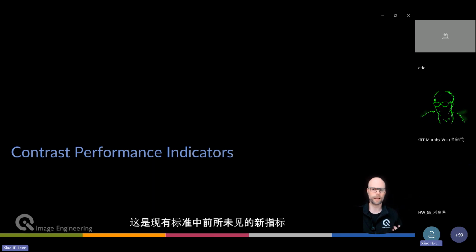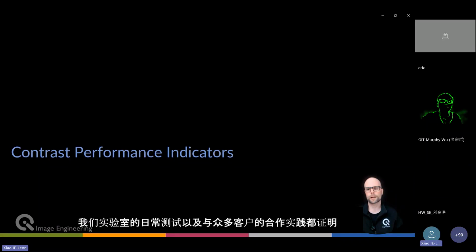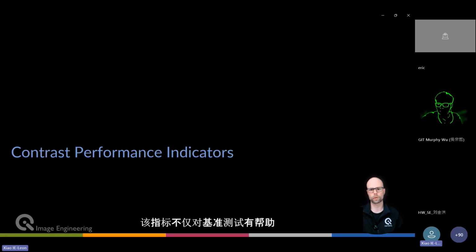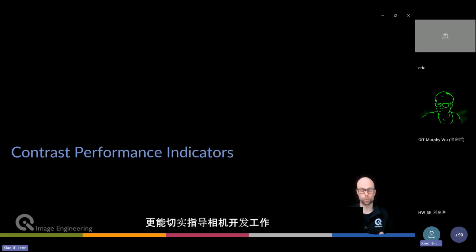There is no counterpart in existing standards, or it's just a modification to existing things. Contrast performance indicators is something new, and it has shown in our daily experience here in our lab, but also with many, many customers that we work with, that it has a huge potential to be a big help for the development process, not only for benchmarking, but also to work with the camera.